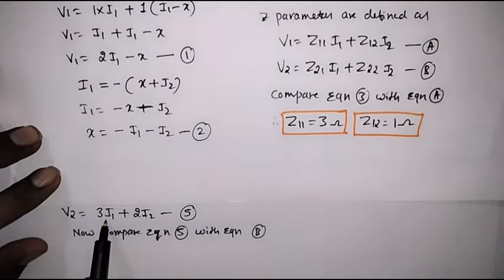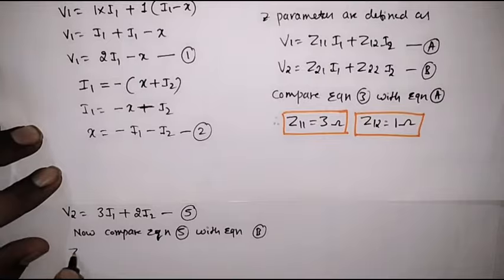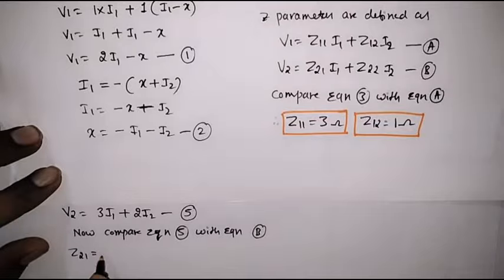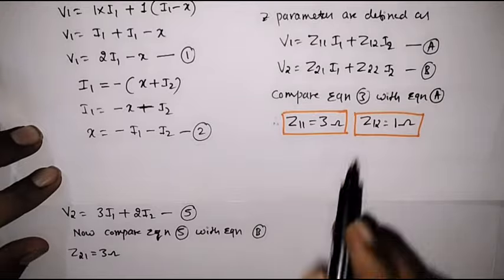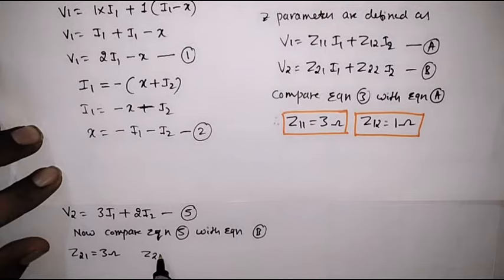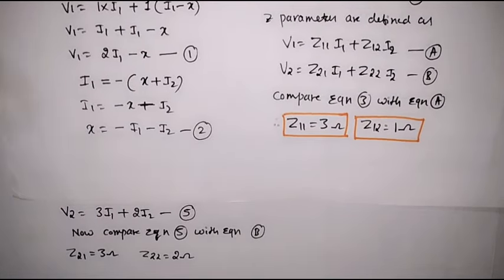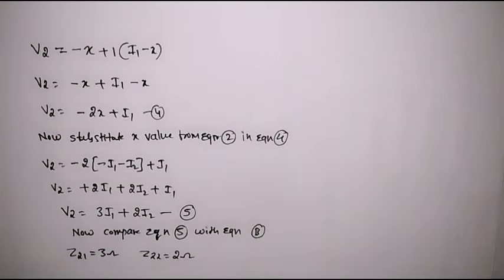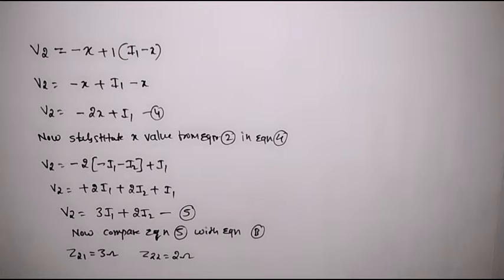Here the coefficient of I1 is 3. Therefore Z21 is equal to 3 ohm, and the coefficient of I2 is Z22. Z22 is equal to 2 ohm. So thus we calculated the next two parameters, that is Z21 and Z22.